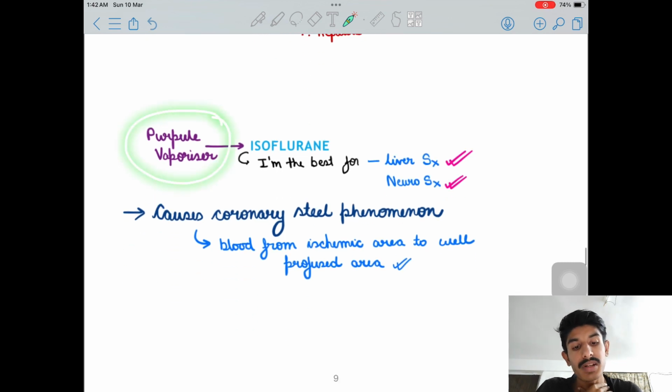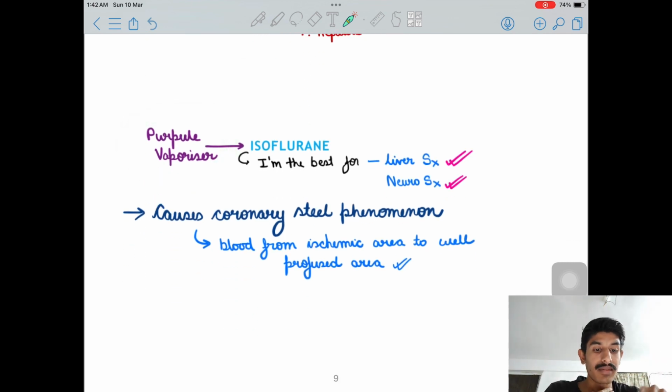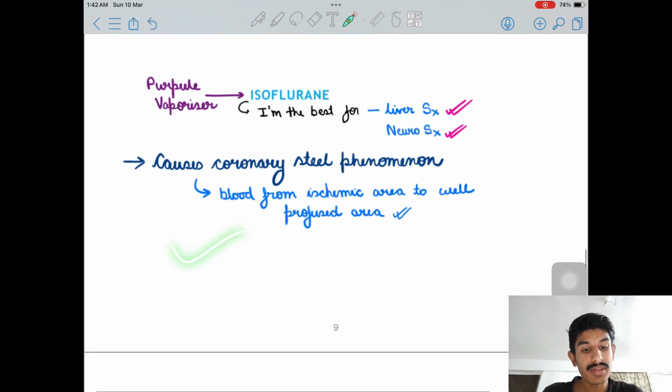Now isoflurane, which is the purple color vaporizer, is best for liver surgeries and neurosurgeries. So you will use isoflurane in neurosurgeries plus liver surgeries. It causes coronary steal phenomenon because blood from the ischemic area will go to the perfused area. Okay, so these are the exceptions.